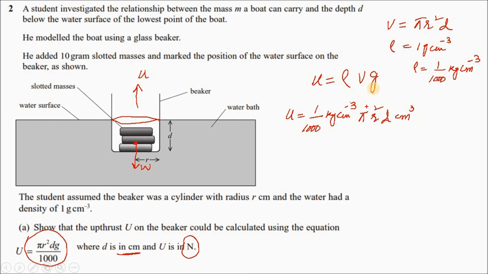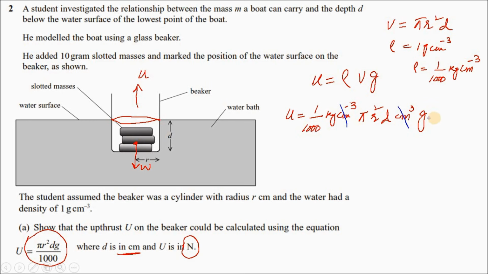So this is the volume, and g is acceleration due to gravity. Clearly you can see that centimeter and centimeter cube is gone, and only left is kilogram and the unit of g.